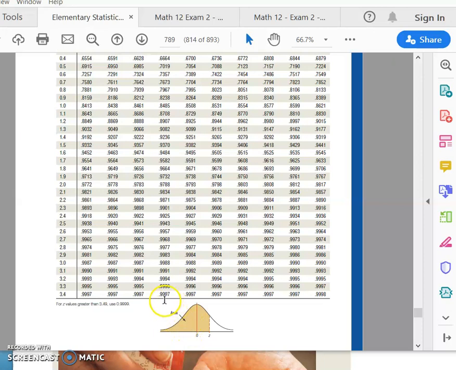So for a z value of 0.58, it's 0.7190 or 71.9% of the area is to the left. But that's not what we want. We want the area to the right. So we take 1 subtract 0.7190. And what that gives us then is, as the book says, let's get back to that.